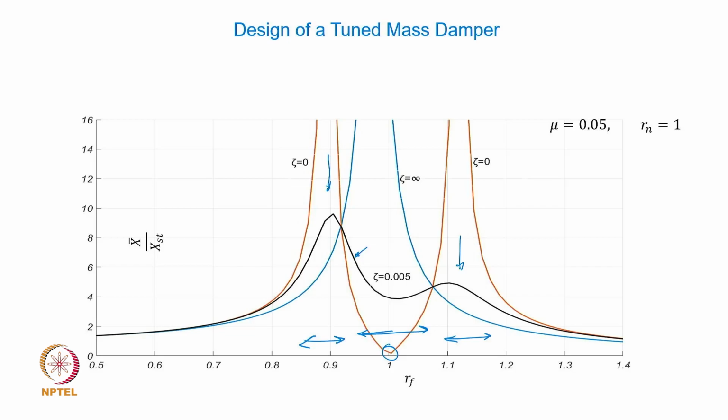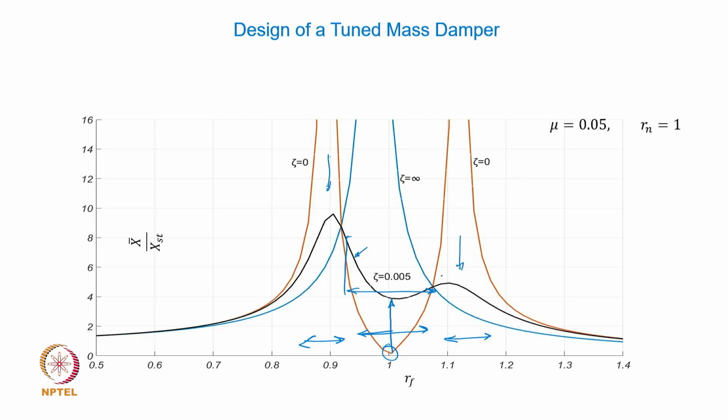Now what damping has done, a small 0.5% damping has increased this 0 response to a higher value, but it allows you to operate over a wider frequency range without significantly increasing the amplitude. You have a reasonably wide range of operation.